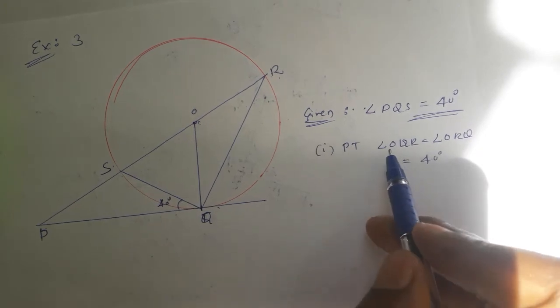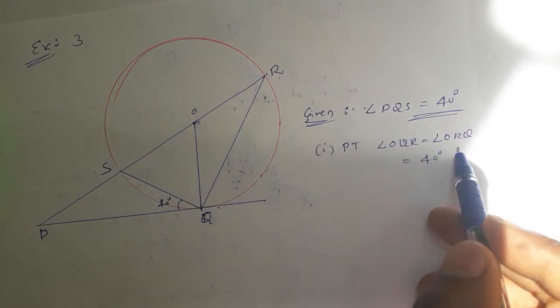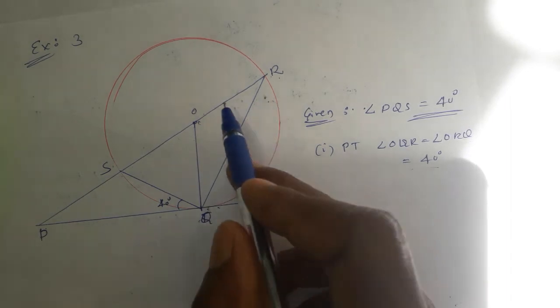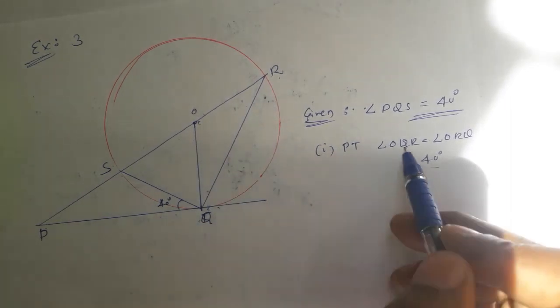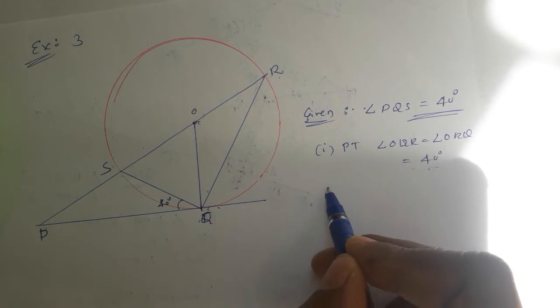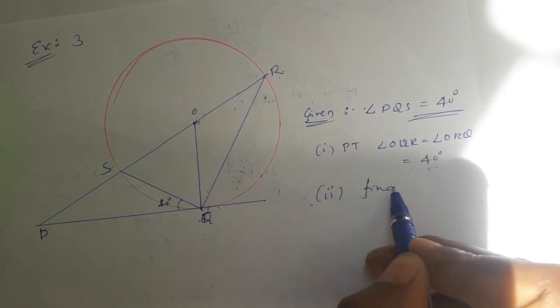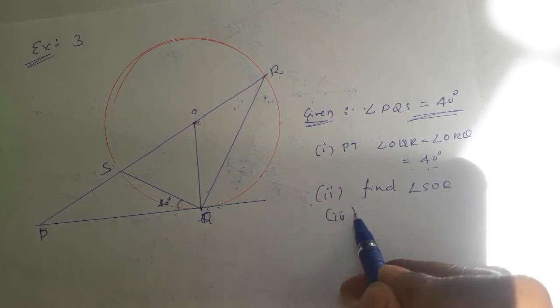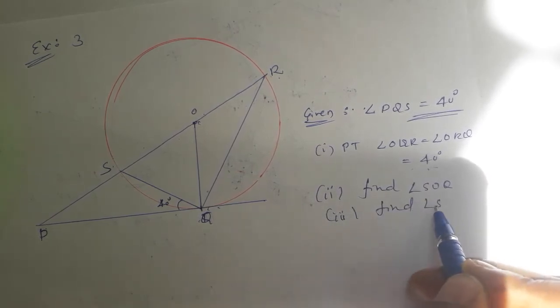They told us to find out angle OQR and angle ORQ, equal to 40 degrees. We have to prove these two angles as 40 degrees, first question. Second one is find angle SOQ. Third one is find angle SPQ.